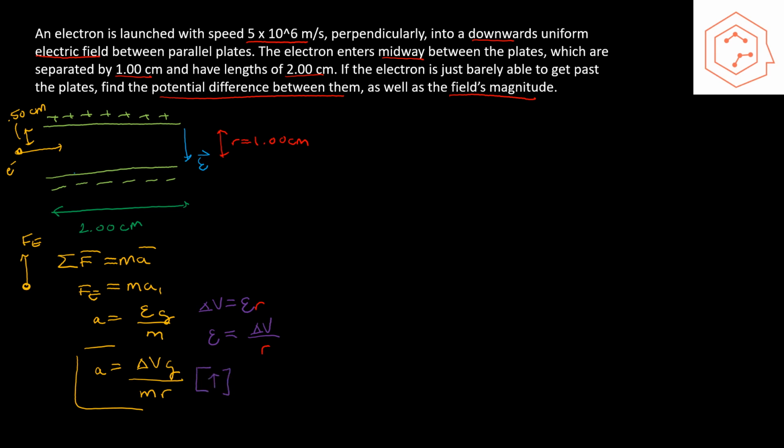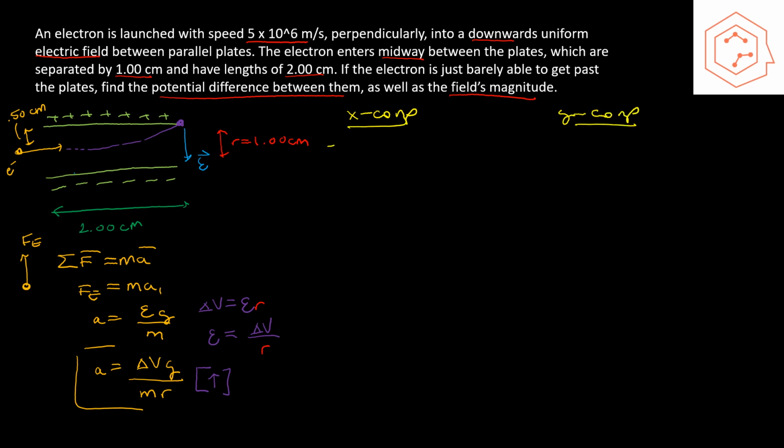So since the electron is going to be accelerating upwards, but maintaining its velocity in the x direction, its trajectory looks something like this, where since it barely gets past, we can assume that it skims the top plate. And so this is looking very similar to a projectile motion problem, so we'll set it up in a similar way, where we have our x components and our y components.